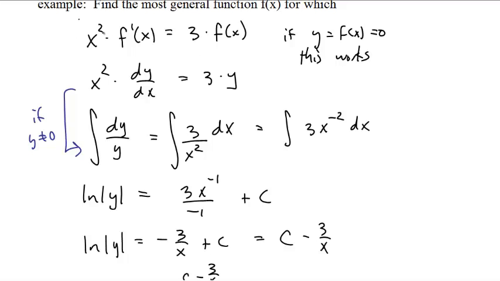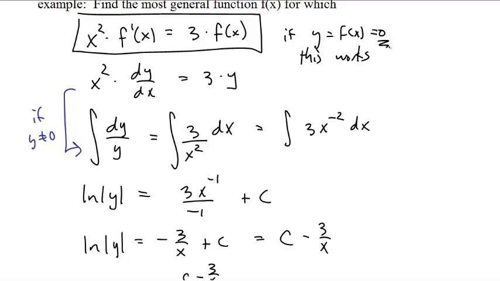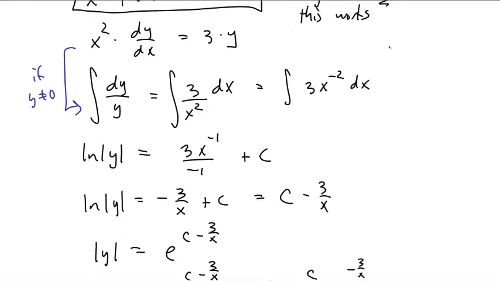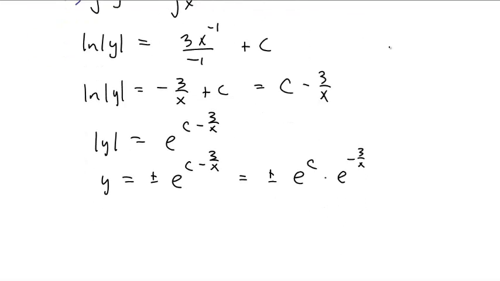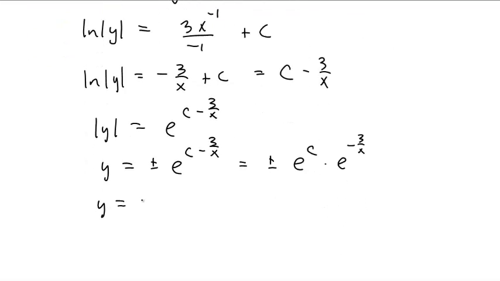In fact, this is the function from the very first differential equation we had in the very first video, and we talked about how being 0 works. So what it means is y is plus or minus e to the c times e to the minus 3 over x, or y is just straight up 0.